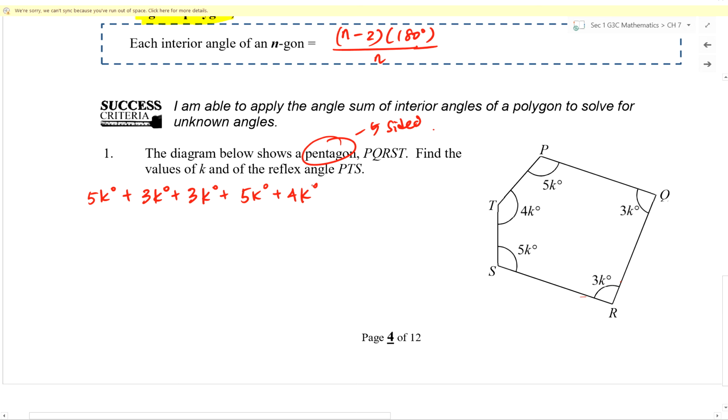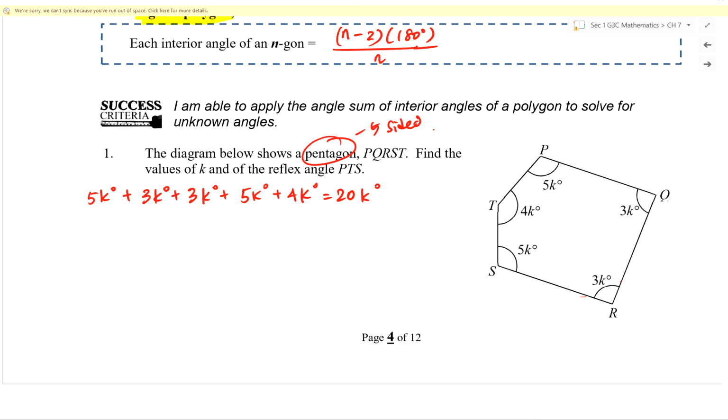This gives us a total of 20k degrees. What is this supposed to be equal to? You are supposed to come up with an equation. What is the total interior angle for a 5-sided figure?